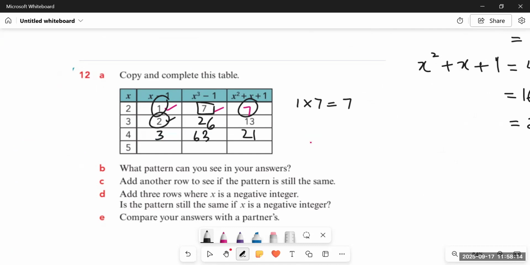Similarly, if you multiply 2 with 13, you will get the answer 26, which is there in the second column. Yes. Similarly, if you multiply 3 with 21, it would be 63 in the second column. You see, this is the pattern being followed over here.